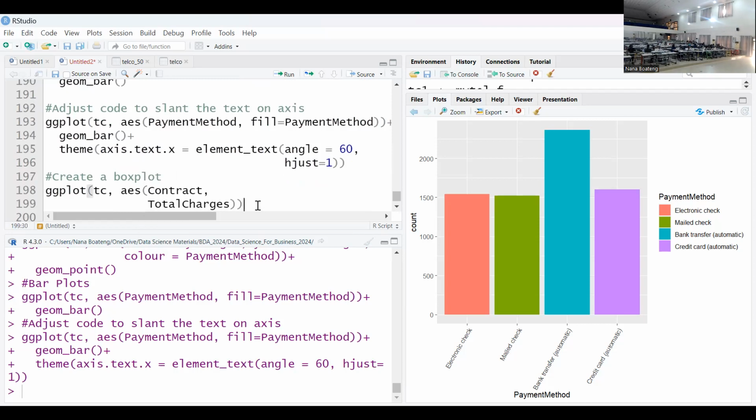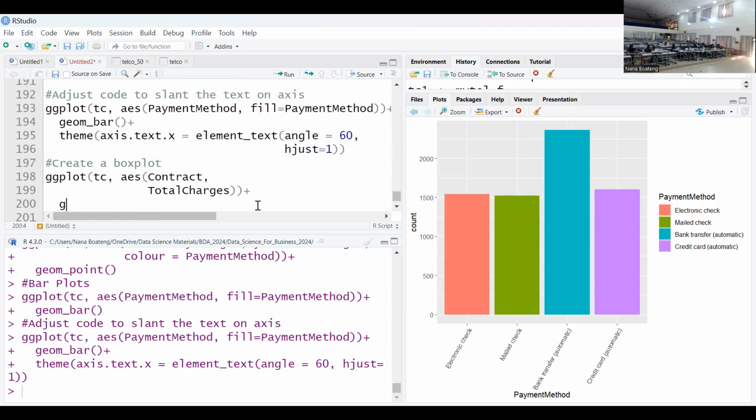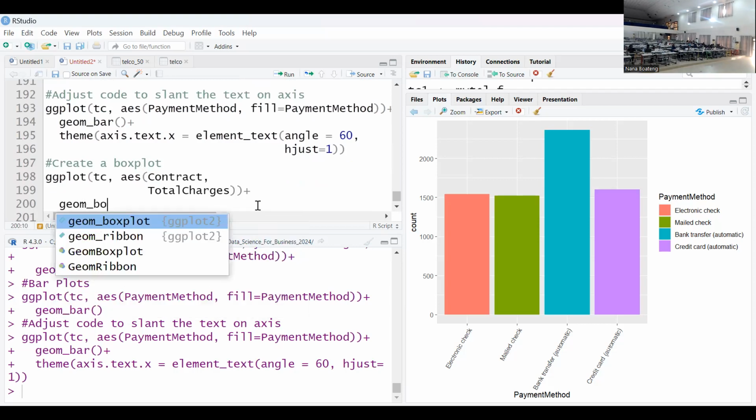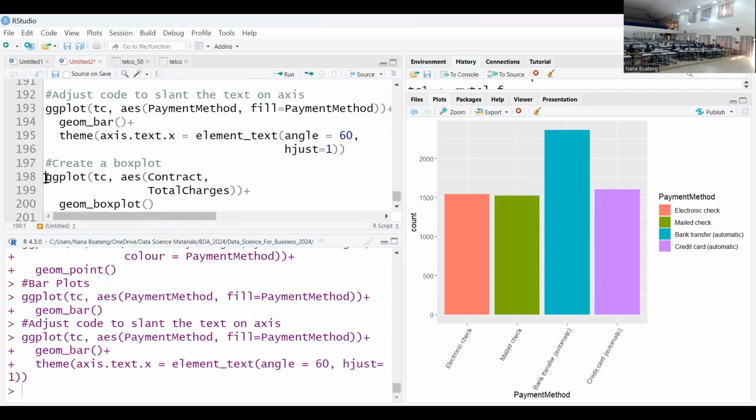And then our geom is geom_boxplot. So geom_boxplot. So let's run this.